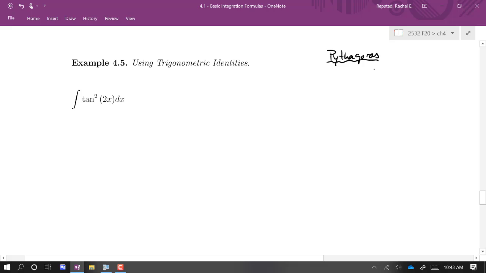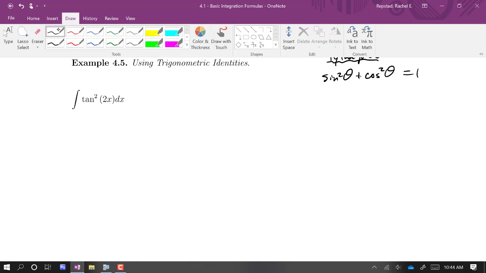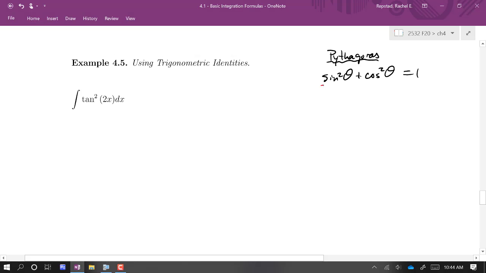So the basic Pythagorean identity goes like this: sine squared theta plus cosine squared theta equals 1. To get the version that involves tangent, we're going to divide through by cosine squared.